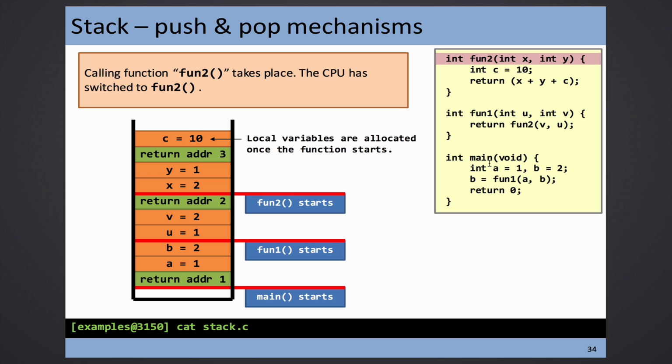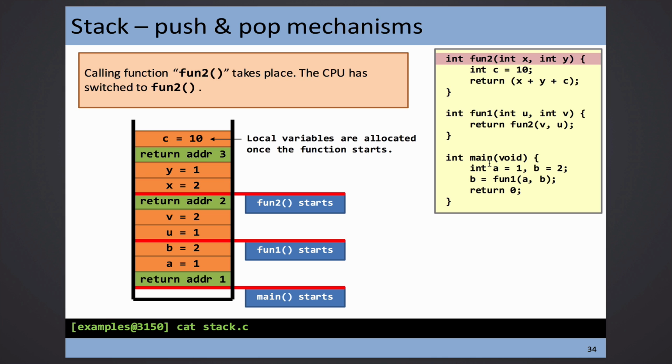Now, how it returns is very interesting. This rule only applies to integers. If it is a floating point or returns a structure, it's another complex matter. For returning an integer, it's very simple.